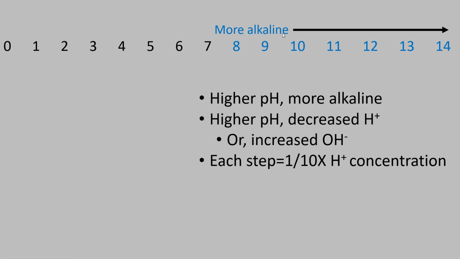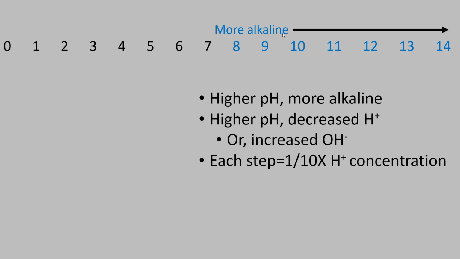Now, let's look at what happens if we go above 7. If we go above 7, we become more alkaline, more basic. It doesn't matter if it's 7.000001. If it is above 7, it is more alkaline, more basic. And as we go upward, the higher the pH, the more alkaline we get, and the H plus concentration goes down.